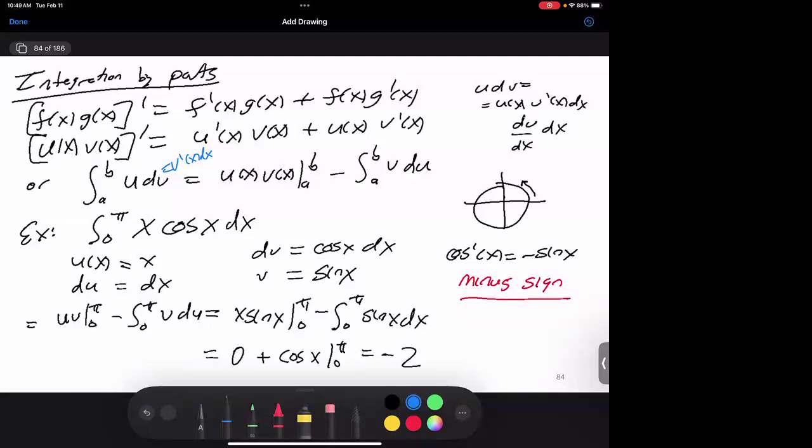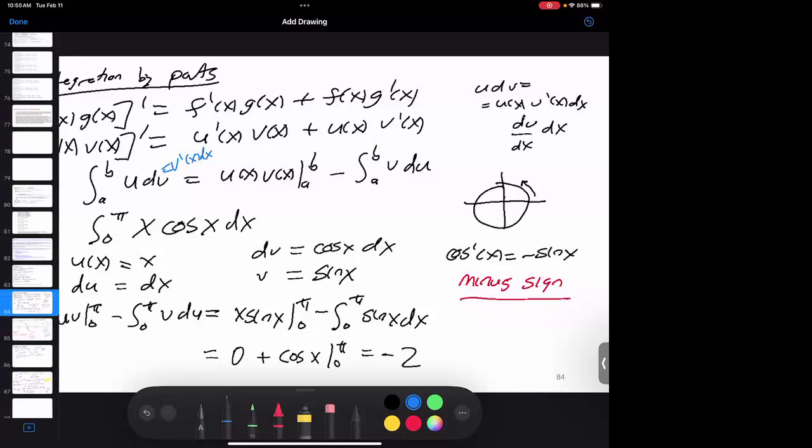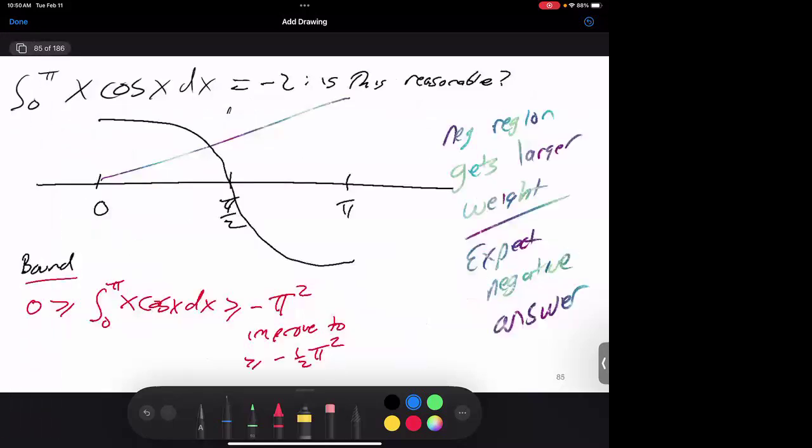So the first question you should always ask is, is this reasonable? When you look at this integral, are you surprised that you get a value of -2? Well, if we look at a plot, your cosine starts off at 1, it's 0 at pi halves, and then it becomes -1 at pi.